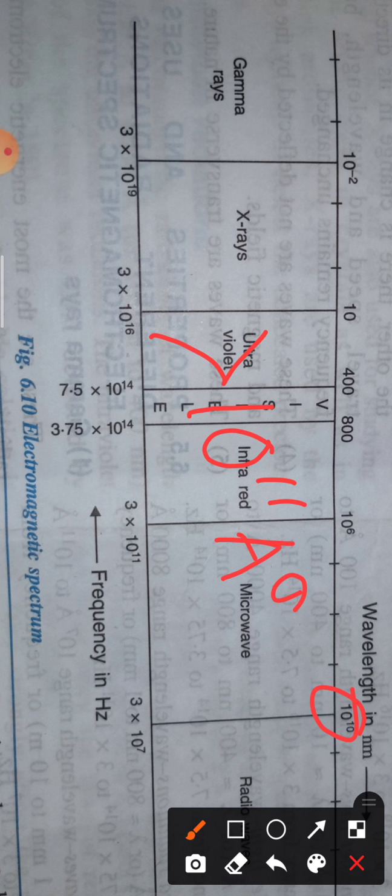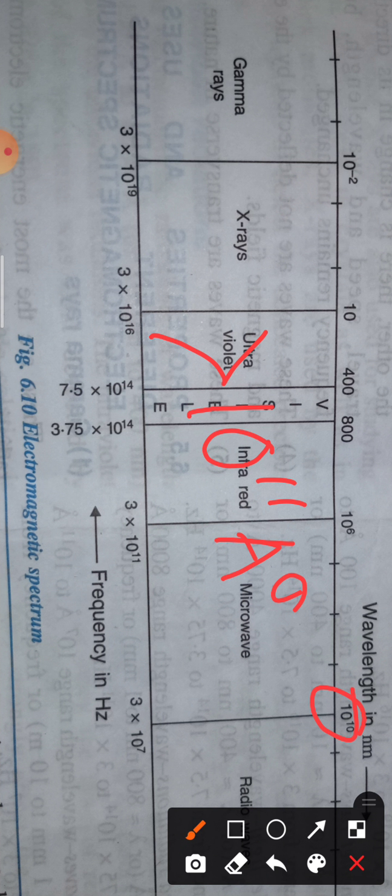There are different types of transmission. In mobile phones you are using satellite communication. Suppose you are calling someone: your audio signal is converted into electromagnetic waves and goes directly to the satellite.